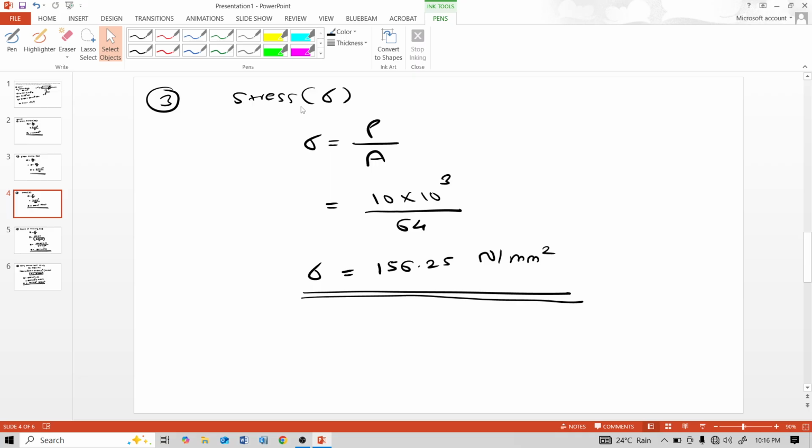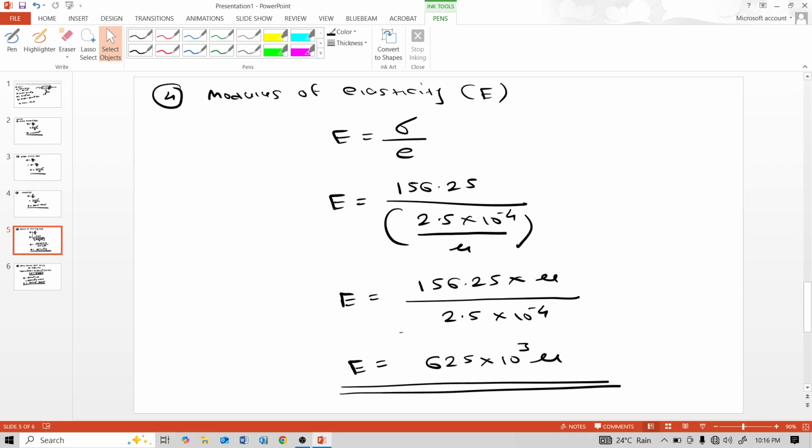Next, we use the stress formula, because in the modulus of elasticity equation we need stress. By using stress upon strain is equal to modulus of elasticity, we get modulus of elasticity equal to 625 into 10 raised to 3 mu.